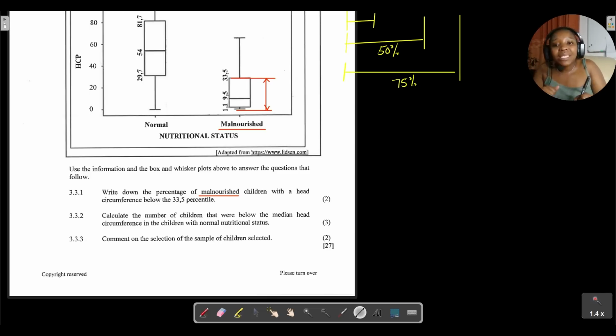It's 75% of our data. This is the minimum where I've indicated that red line, then you've got your Q1, this is our Q2, and this is our Q3. So from the minimum value to your Q3, it is 75% of our data that is represented there.